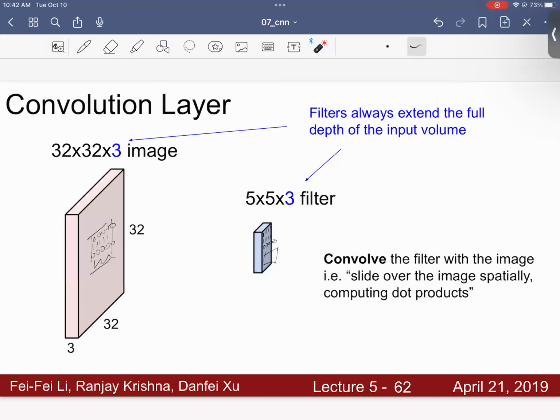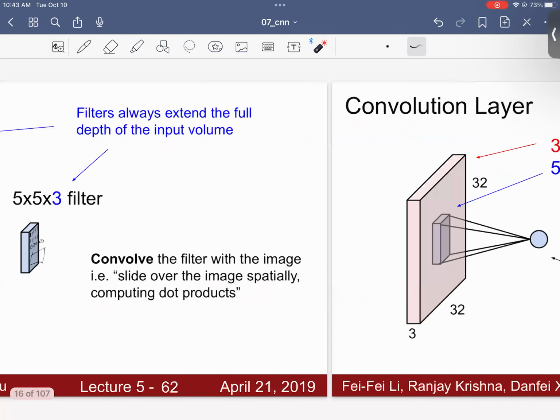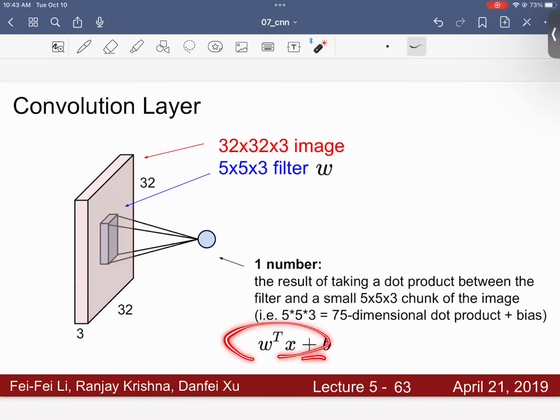A dot product means you multiply the first 0 with this value, the second 0 with this value, and the third with this one, and you keep doing it for all the values, and then you simply sum them up, which is exactly just a dot product. And we've omitted the bias, but there's always a bias.